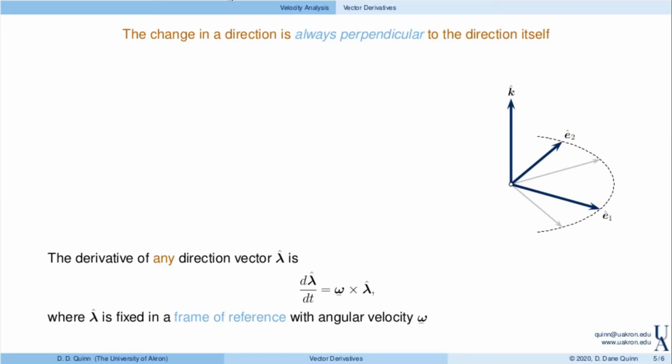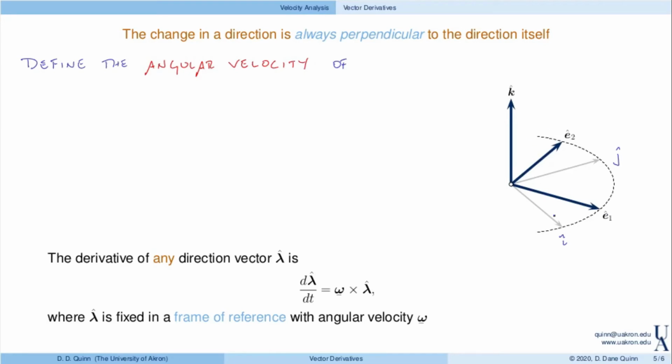And we do that using the angular velocity. So I'm going to define the angular velocity of a set of directions, so let's say E1 and E2, and here, this is going to be maybe i and j. This is a three-dimensional picture, right?